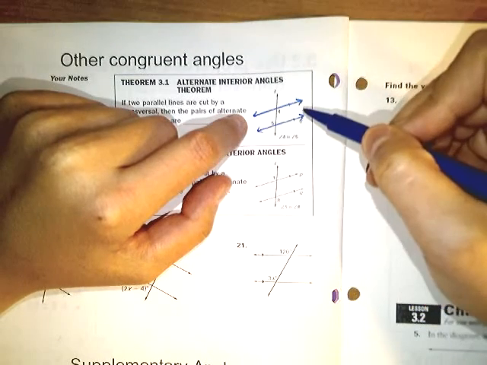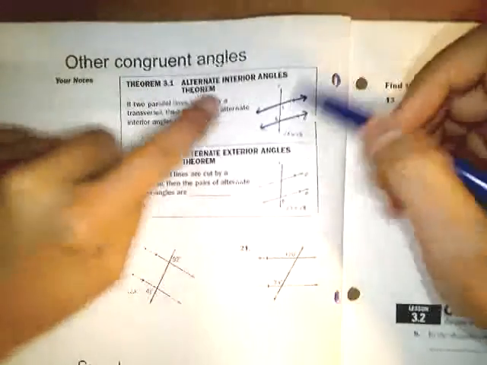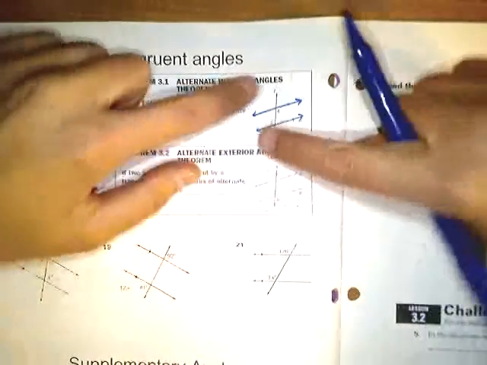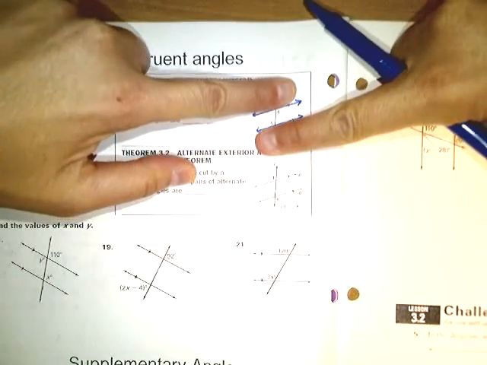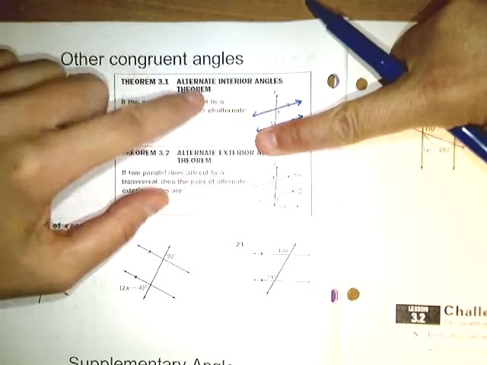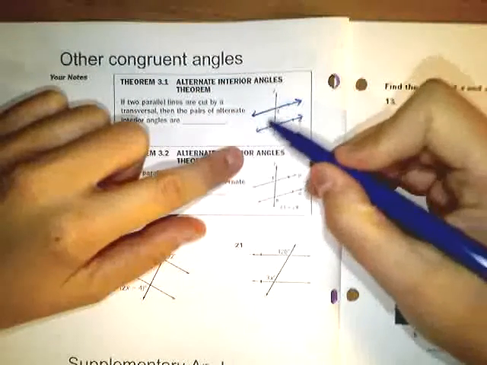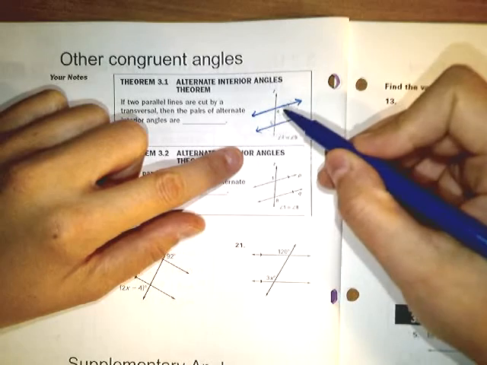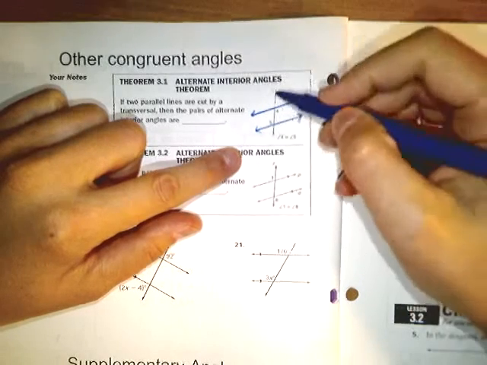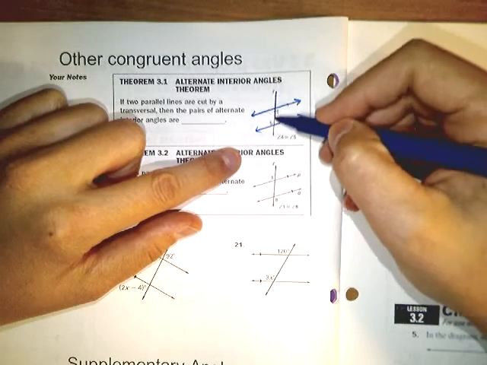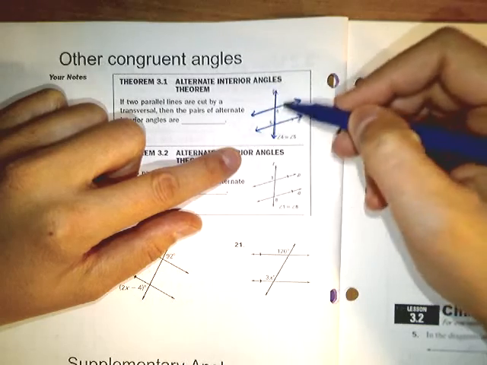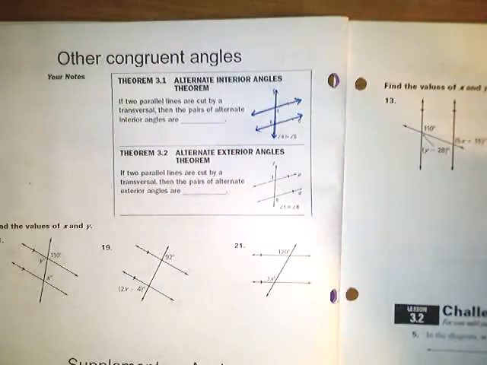That's called the interior. So if we're talking about alternate interior angles, we're talking about only those angles that are inside the road. And alternate means that they exist on opposite positions on a transversal. Here's your transversal line. Remember, transversal lines are just lines that cross through two or more other lines.